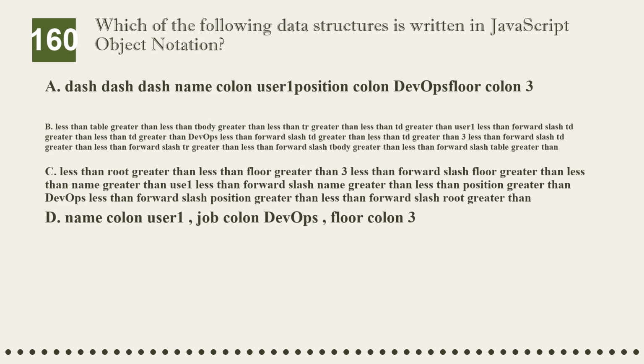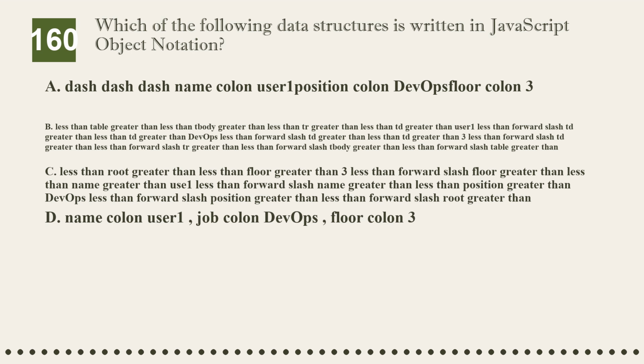Question 160. Which of the following data structures is written in JavaScript Object Notation? Option A, name: user1, position: DevOps, floor: 3. Option B, an HTML table with tbody, tr, and td elements containing user1, DevOps, 3.